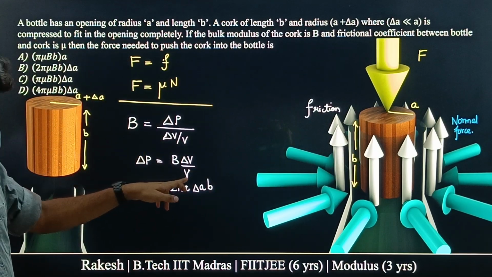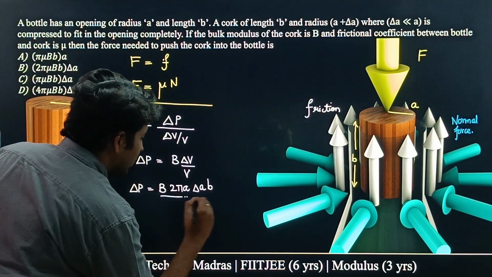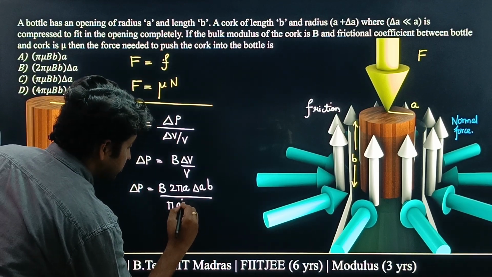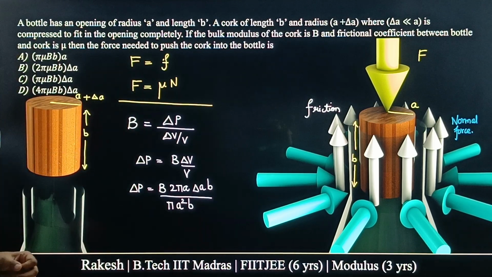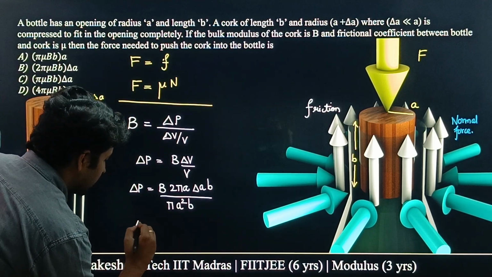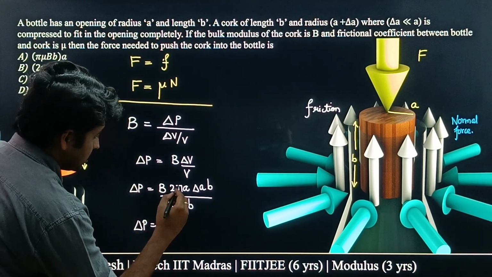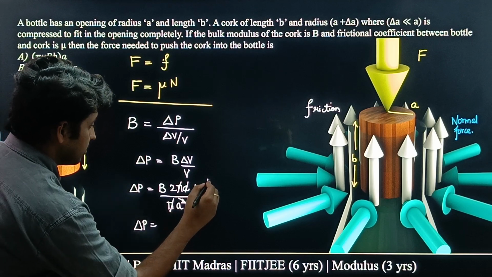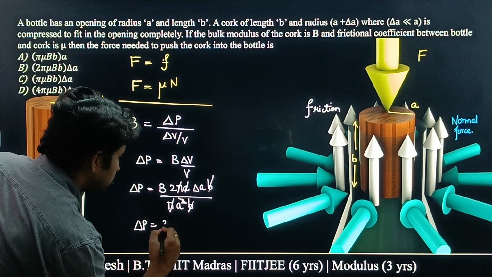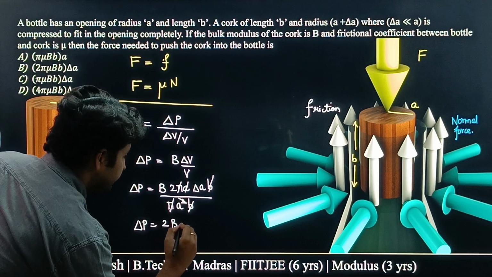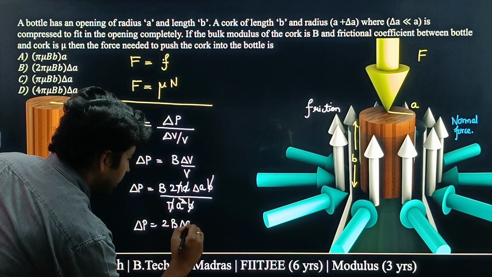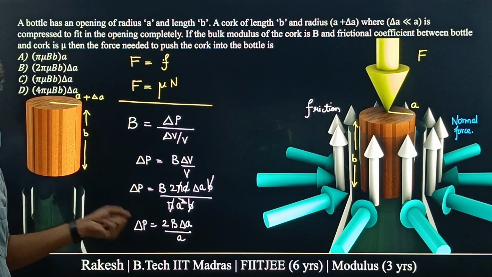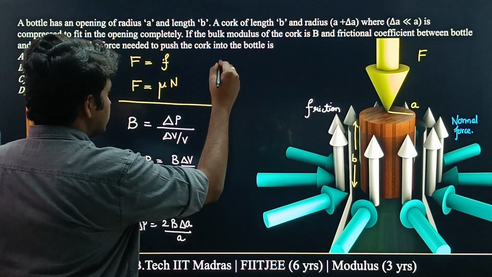What is this V? V is the initial volume. So divided by the initial volume, pi A square into B. So we can find out what is delta P from here. I will just cancel out this pi A and B here. So we get this as 2B delta A divided by A. So this is the pressure, extra pressure.